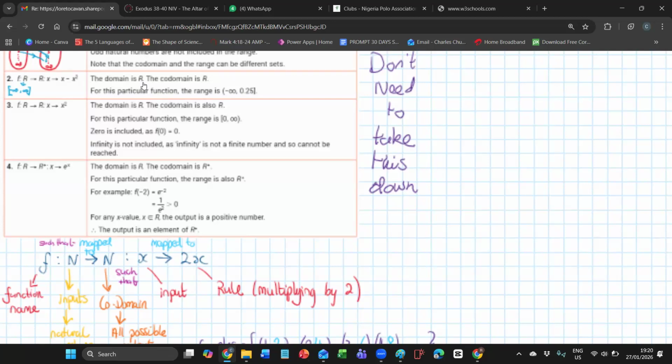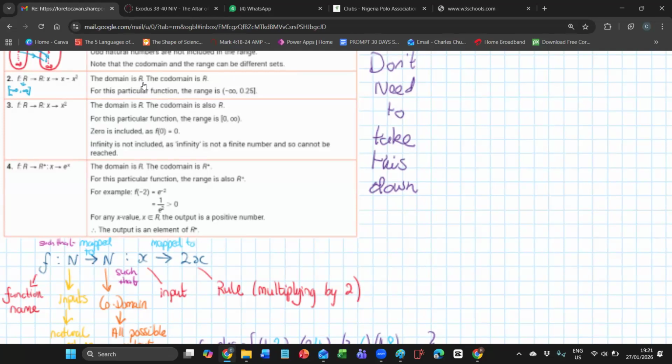Of course, you can imagine that when you square any of those numbers, did you notice that whether it is negative or positive, the answer will always be positive?